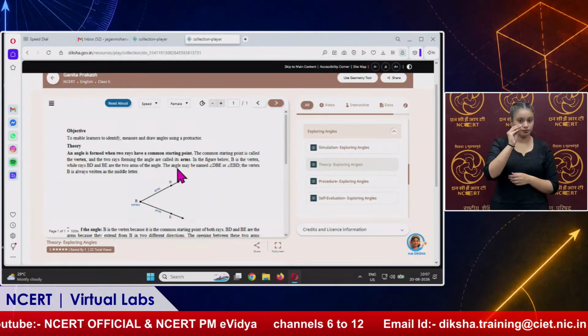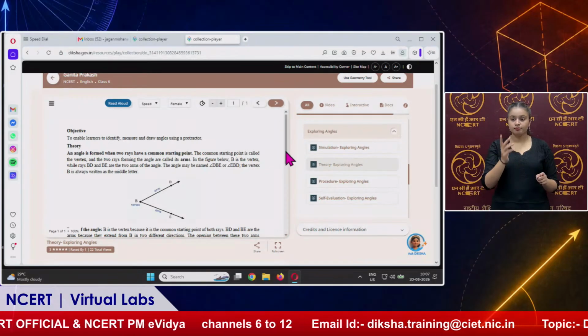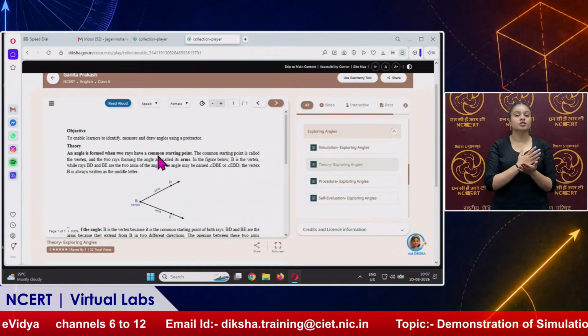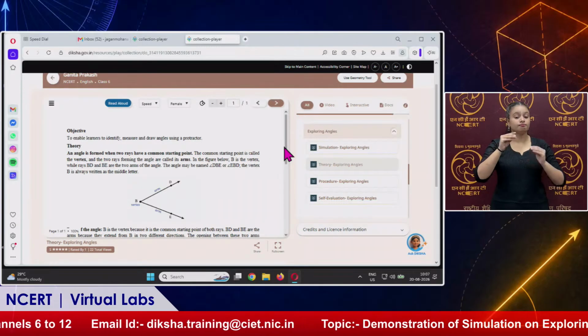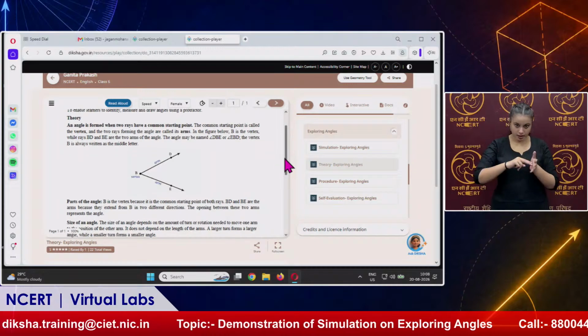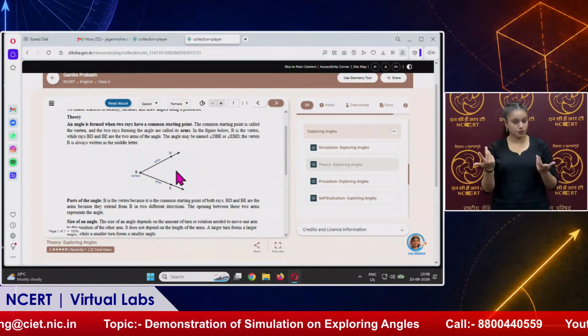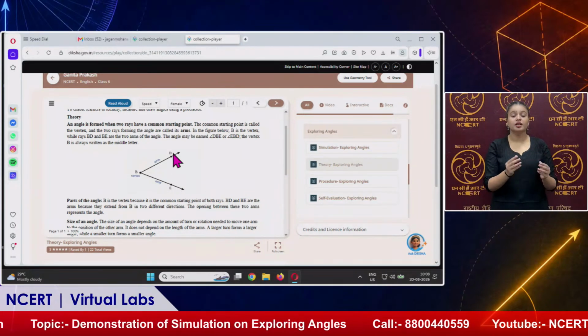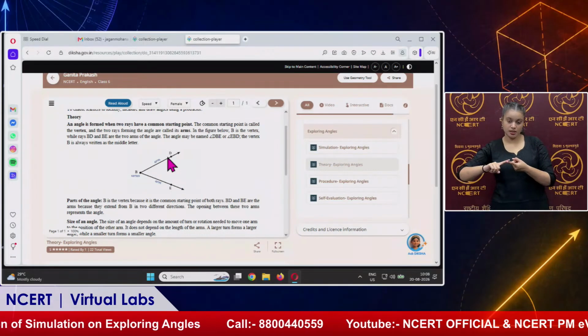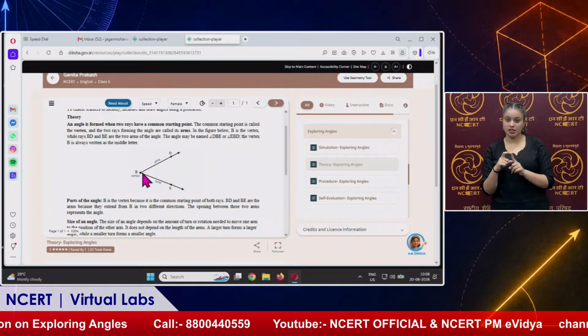So in this theory part we could see on the screen the objective of this particular chapter and the concept, and in the theory they have mentioned what an angle is and what the keywords of the angle are, and how to name the angle. Like, we could see here angle DBE or angle EBD. This B is the vertex here.